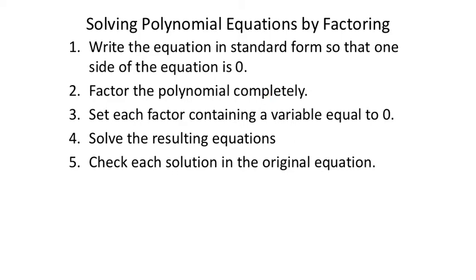That includes greatest common factors and also factoring by grouping, or one of the other strategies, the difference of squares, that kind of stuff, okay? Set each of those factors equal to 0, which is kind of what we just did on that last problem. Solve the resulting equations, and then just make sure you check in the original equation.